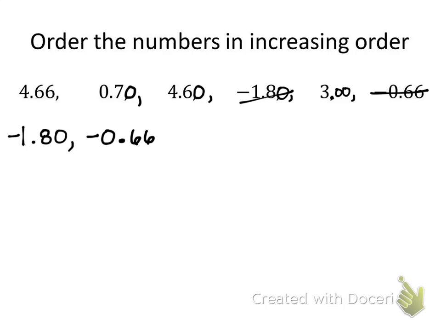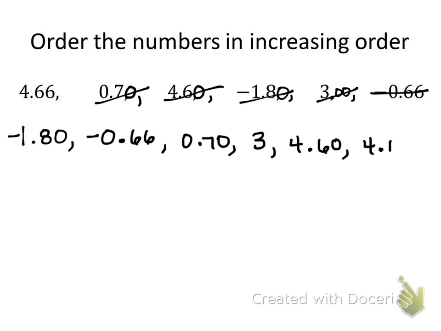What's going to come next? 70 cents. Next, 3. Don't forget about that 3. Then what comes next? 4.60. And then lastly, 4.66. Okay? That's how we order it from smallest to biggest. It's very easy whenever you look at it as money.